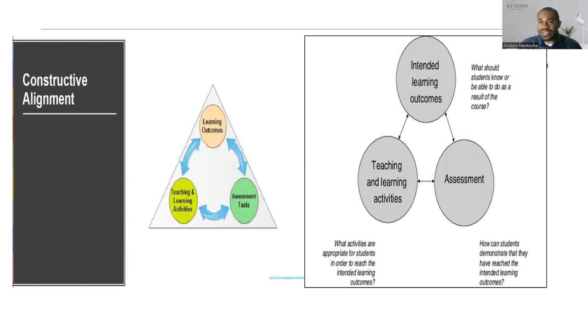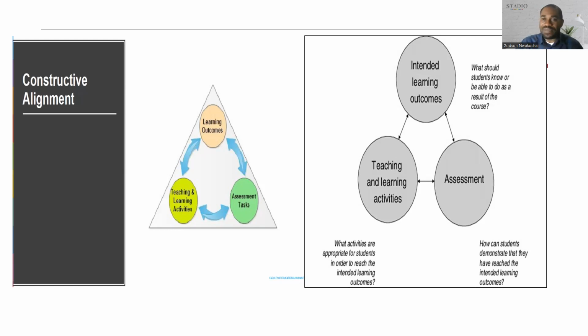You get what I mean? The topic you have given your lesson on must be in line with the assessment, and the content you have provided must be in line with the topic. You cannot have one topic, teach different content, and assess a different one. No. There has to be what we regard as constructive alignment.